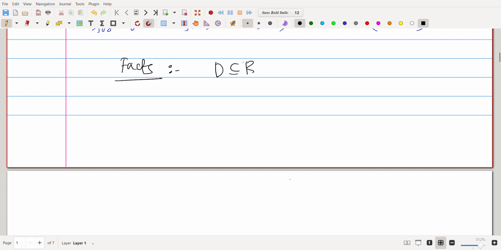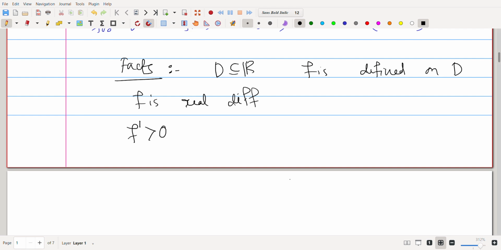So let D be a subset of R and f is defined on D. f is real differentiable and f prime is greater than 0.